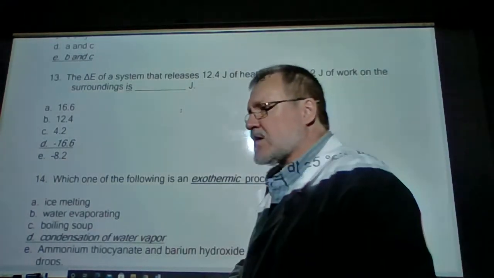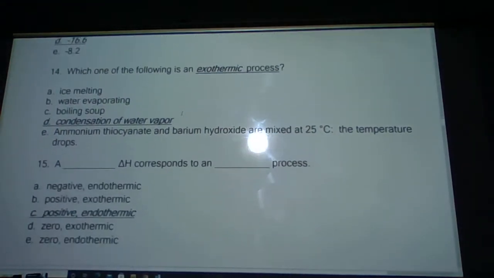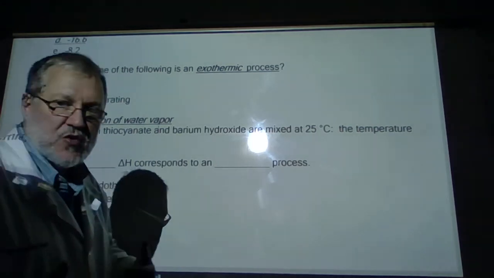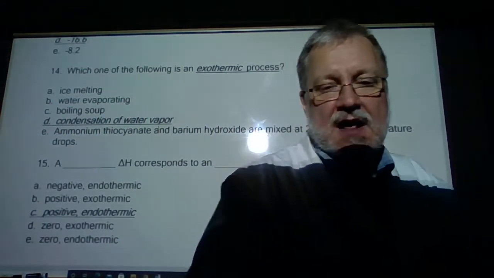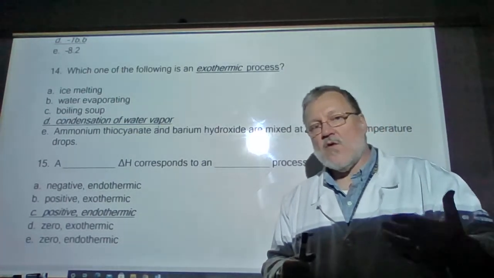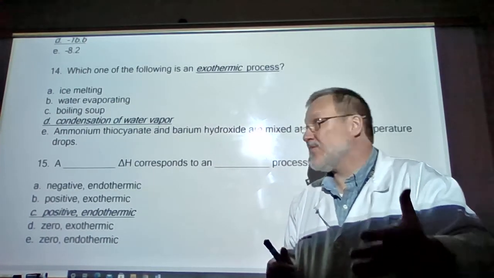Next problem I want to look at is problem 14. Which one of the following is an exothermic process? We have an endoskeleton. So to get to our skeleton and to be able to look at it, we have to go inside of our skin. So endo is where energy is being added to the system.